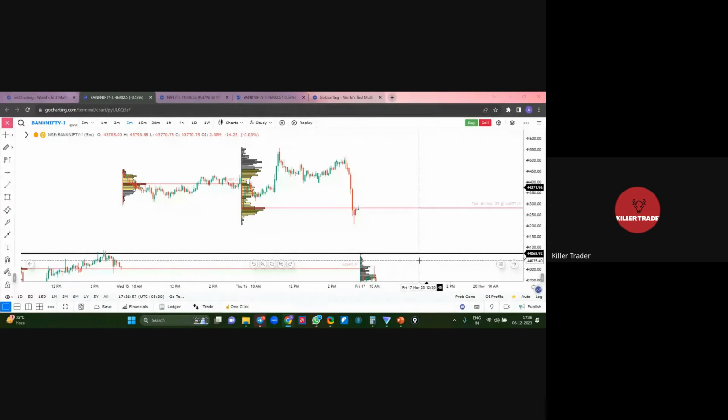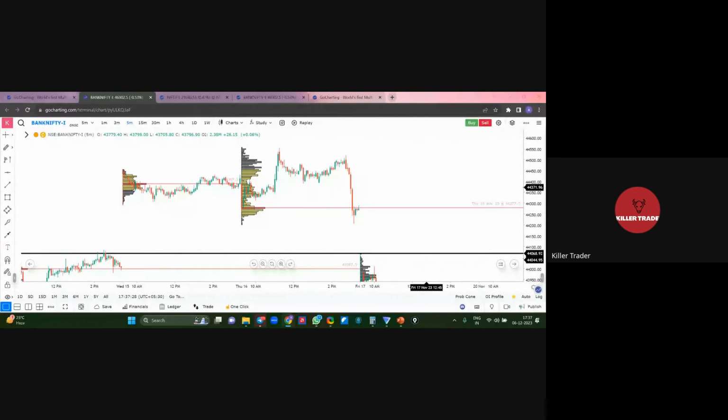ICICI Bank and HDFC Bank are heavyweights not just in Bank Nifty, but they are also heavyweights in Fin Nifty. So when there are a good amount of common stocks between all these indices, then it really doesn't matter if you use a series wise chart or a standard weekly chart. That minor change that you see honestly doesn't matter.